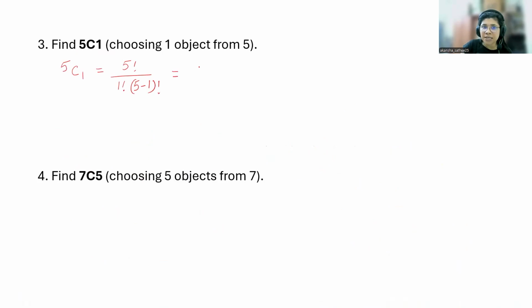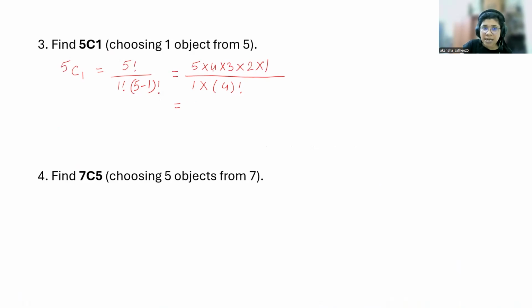Let me write it again so that it will be clear. So 5 factorial by formula is 5 into 4 into 3 into 2 into 1, right? That is 5 factorial. 1 factorial is 1, into 5 minus 1, which is 4 factorial, right?